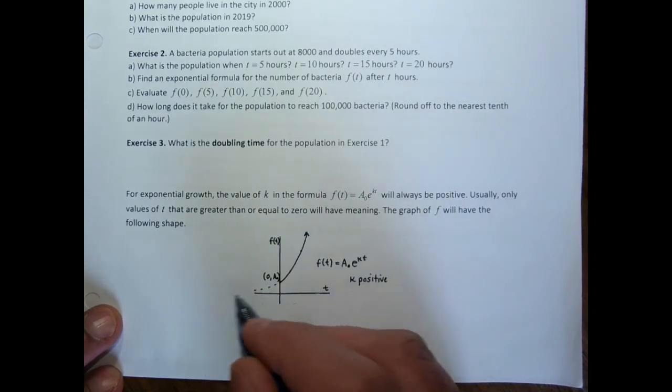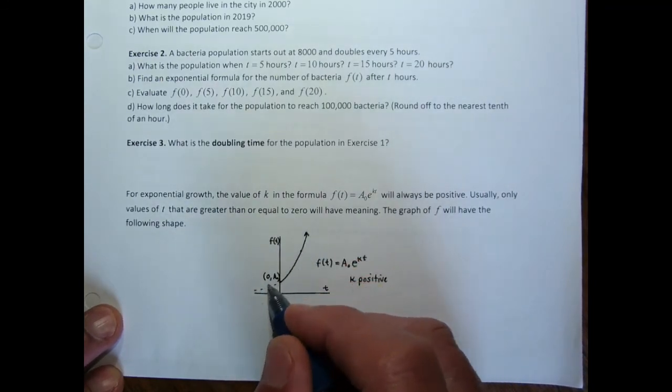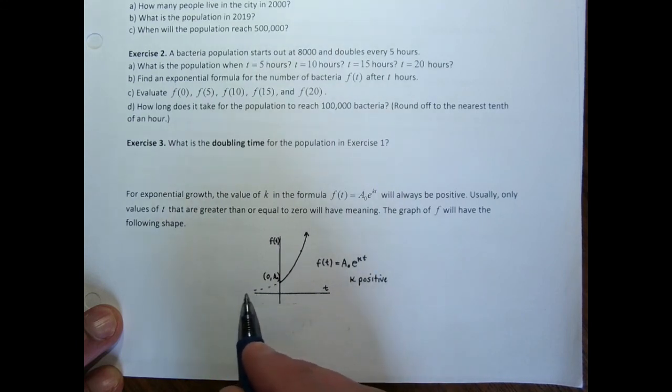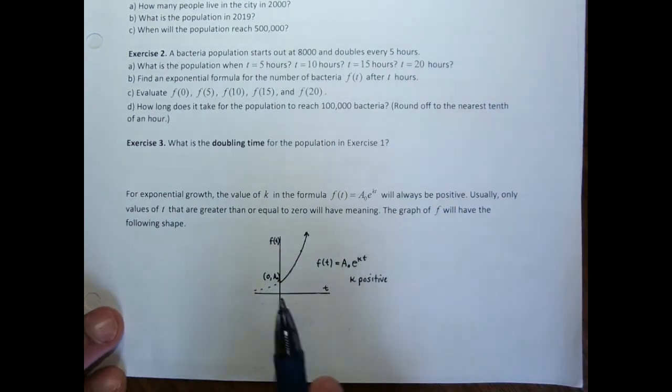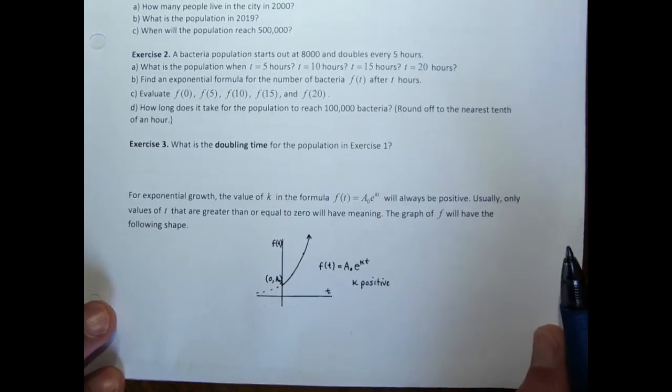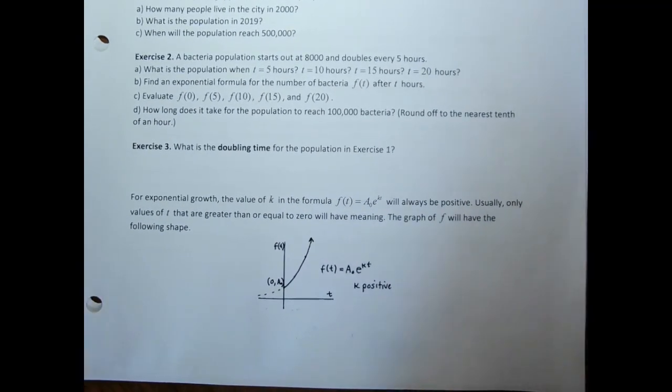But just notice it's basically our exponential function shape. The dotted line means the negative portion of the graph isn't really relevant for exponential growth, because usually we start at a certain time and just move to the right. But why the graph has this shape, we'll say a little bit more in another video after the word problems.